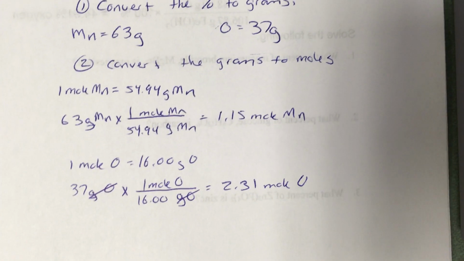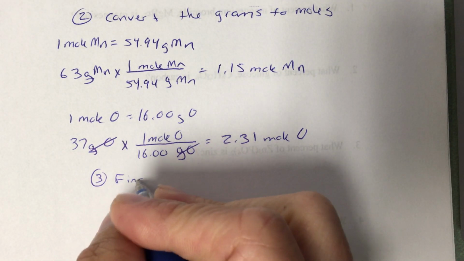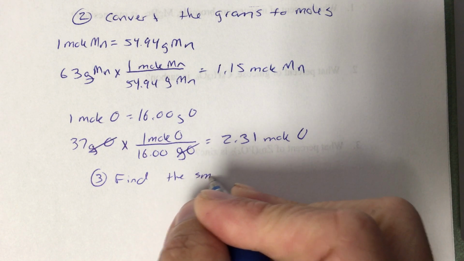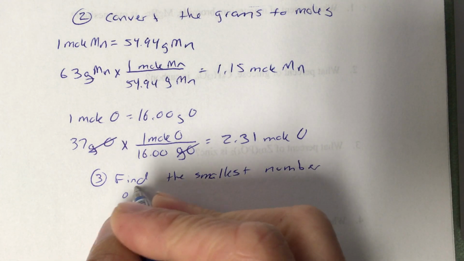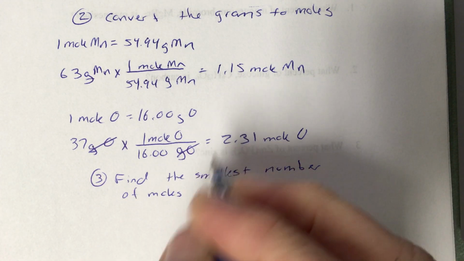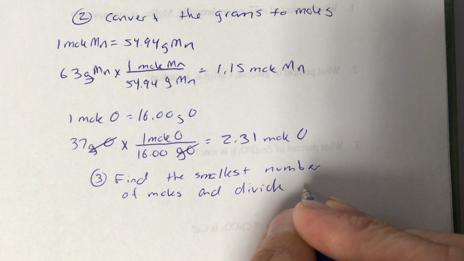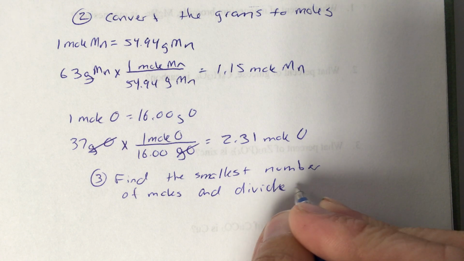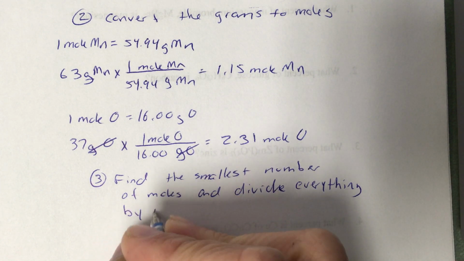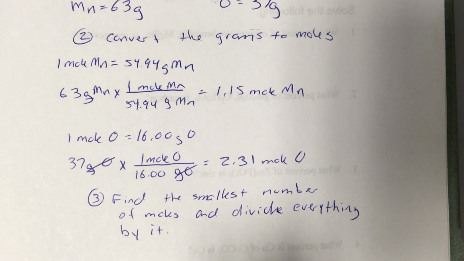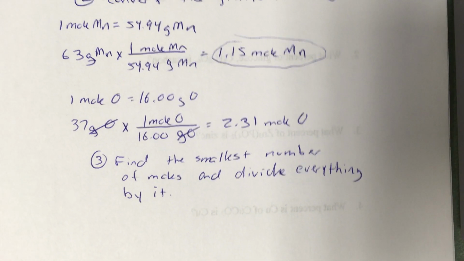Now, next step. Find the smallest number, and divide all the rest by it. So going up here, our smallest number is the 1.15 moles of manganese.